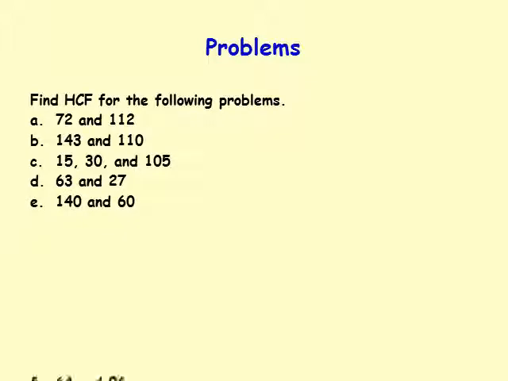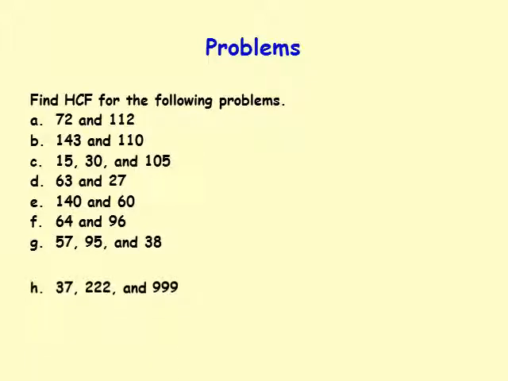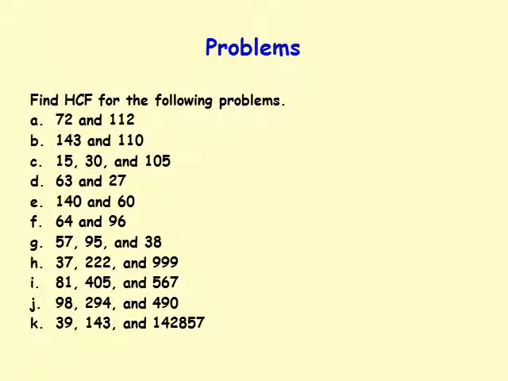Then 140 and 160, 64 and 96. 57, 95 and 38. 37, 222 and 999. 81, 405 and 567. Then 98, 294 and 490. Then 39, 143 and 142857. Okay, let us continue from here.